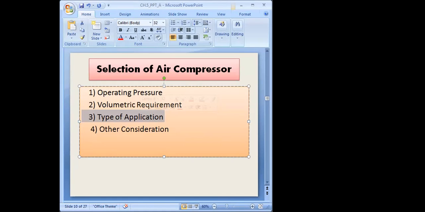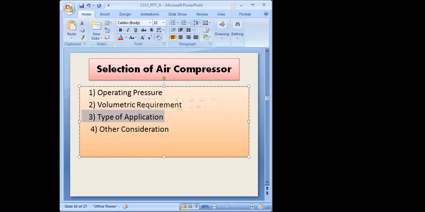If your location is not fixed, or your application is temporary only, you can choose the portable type. And if the application is permanent in nature, then one should go for a permanent centralized compressor plant. Getting it? This factor is common in the selection of an air compressor.